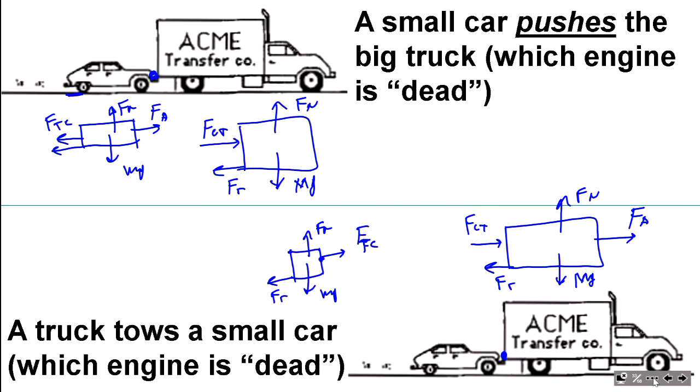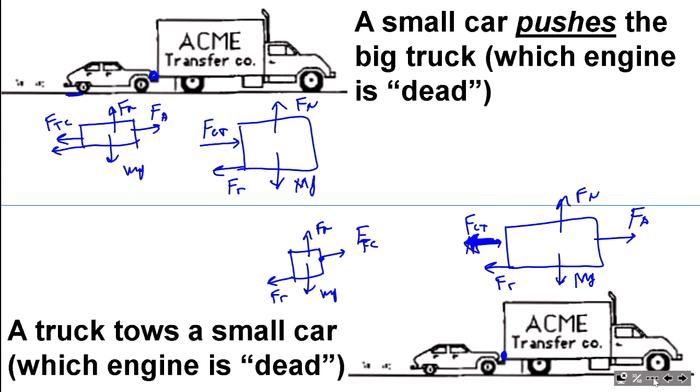And that force, from our common sense experience, should point to the right, because that's how the truck makes it move to the right, which means I have to change my picture here. And that's the trickiest part of this analysis.